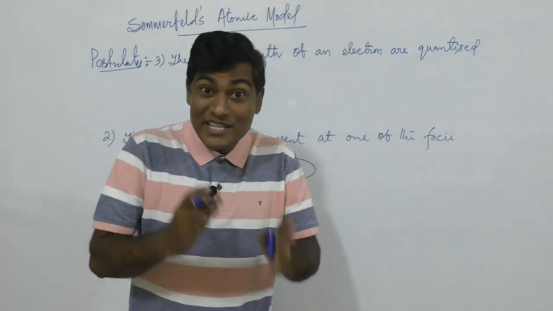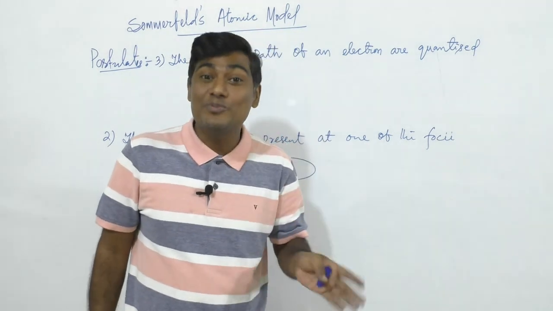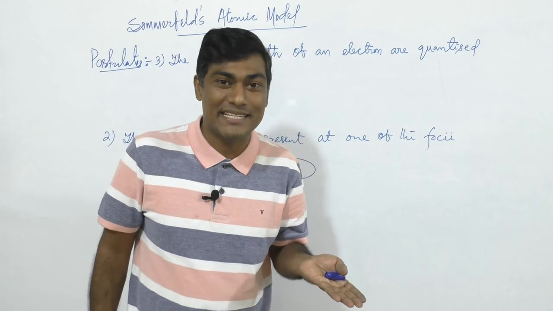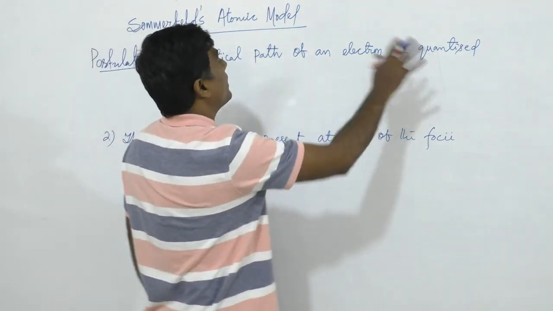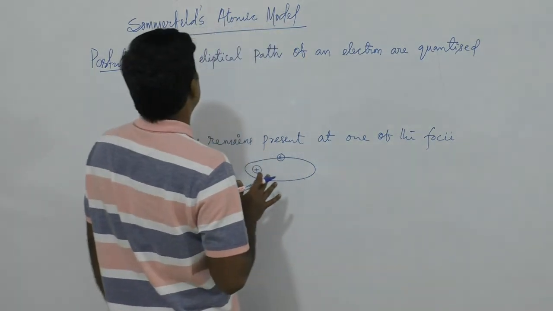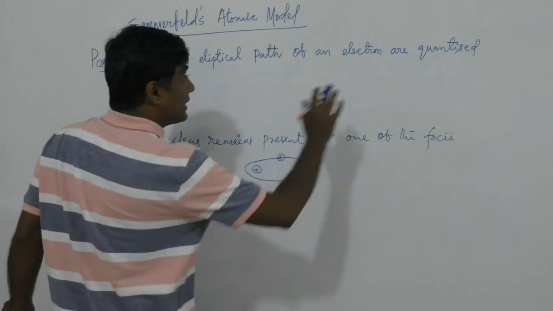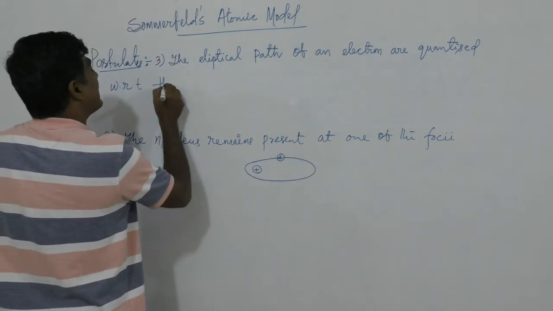It means a fixed energy, like we calculated the energy for an electron for any single electron species in the case of Bohr's atomic model. So the elliptical paths of an electron are quantized with respect to their energy.